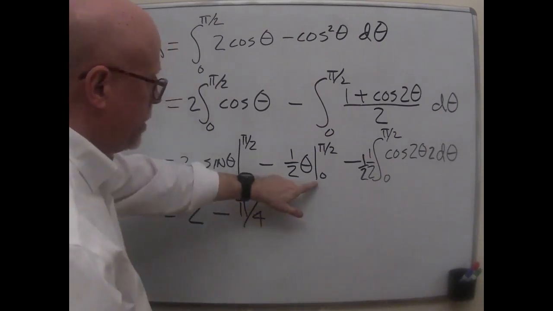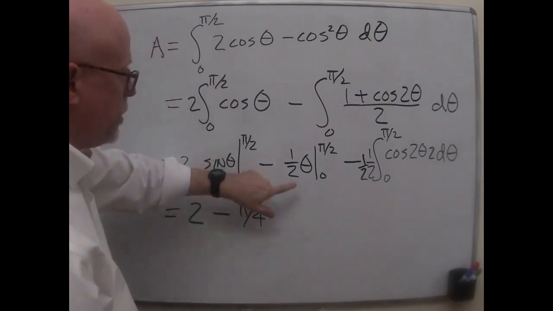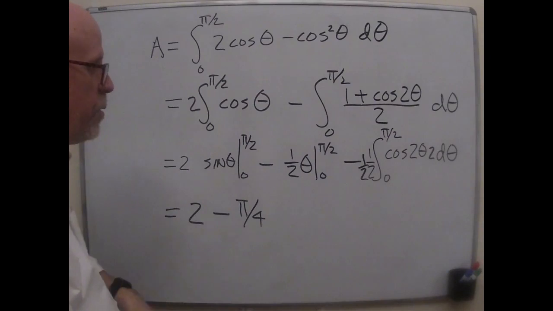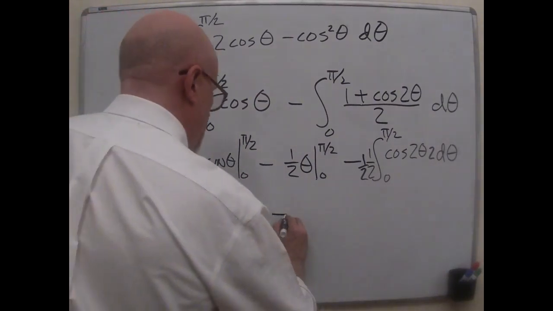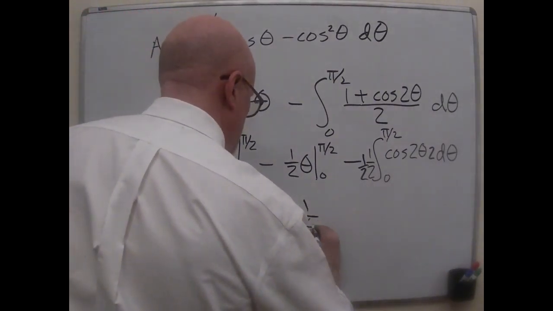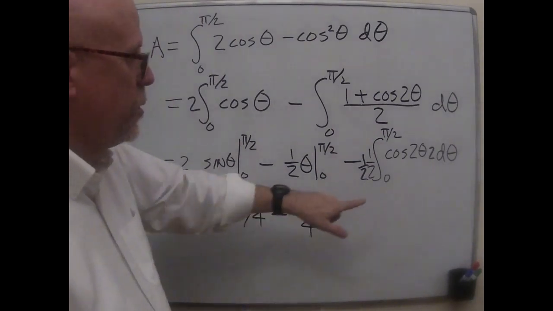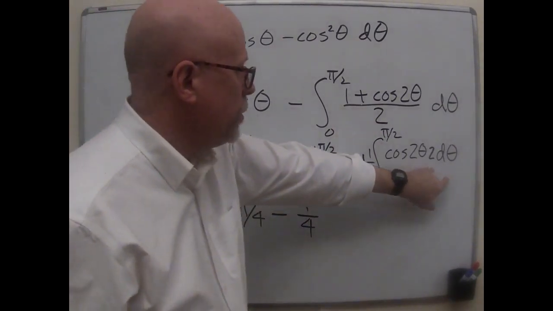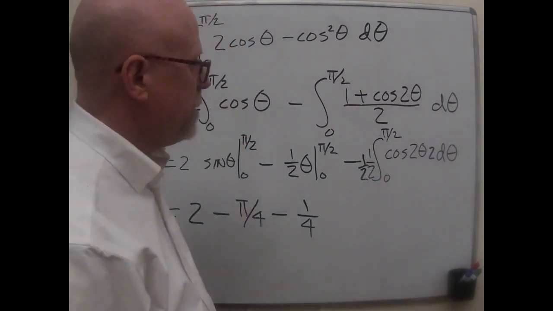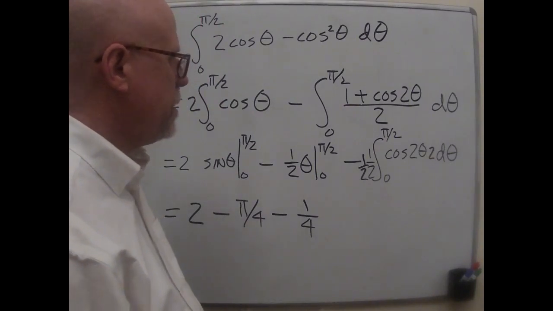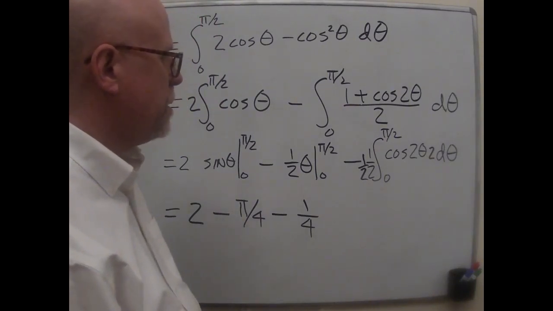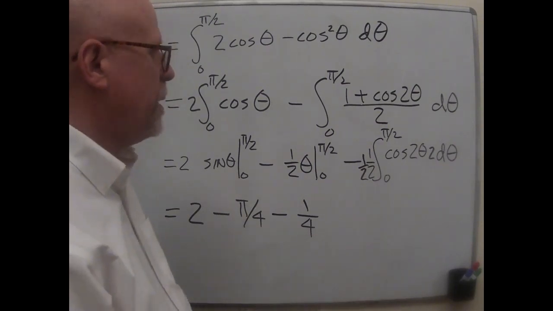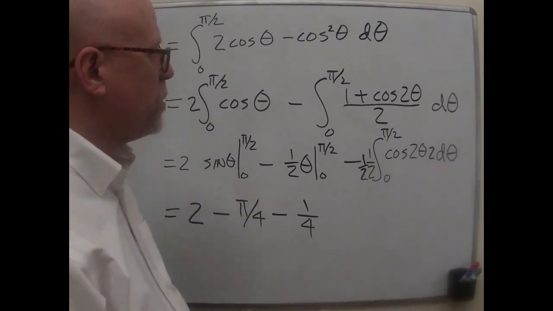At the lower limit for evaluation, you get 0, so 2 minus pi over 4 minus 1/4. This was u du. Oh, should I change the limits or undo the substitution? Let's go ahead and undo the substitution.